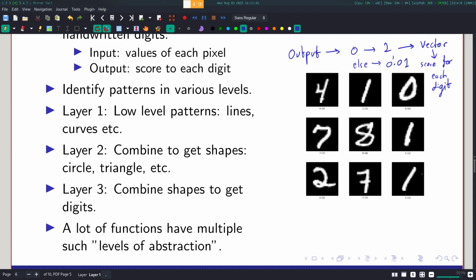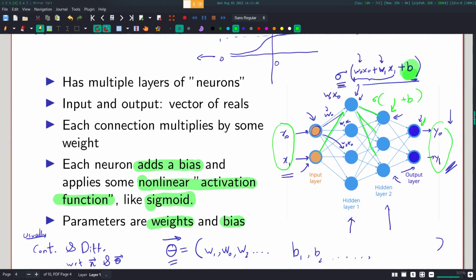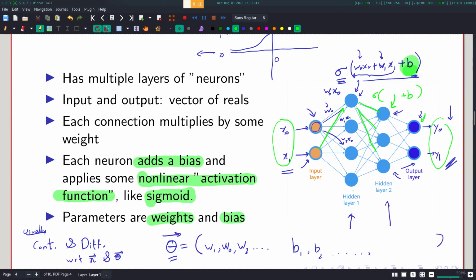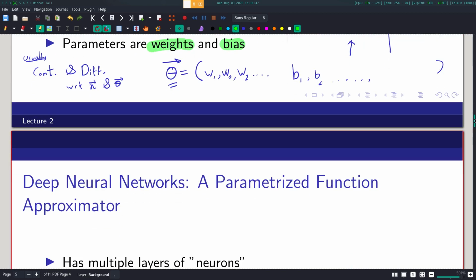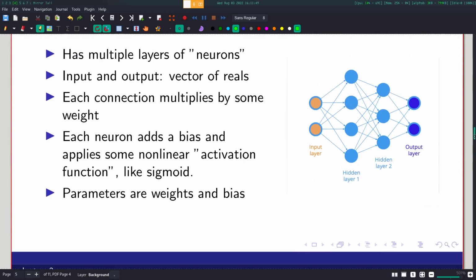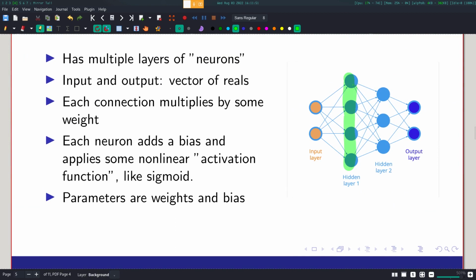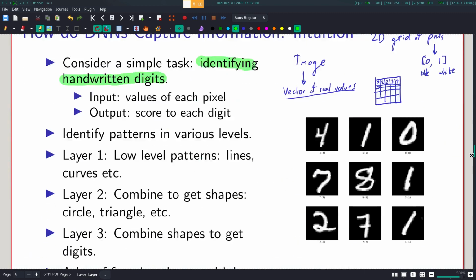At the first layer, right after the input layer, what you'll end up getting is some very simple low level patterns, like lines, curves, and so on.